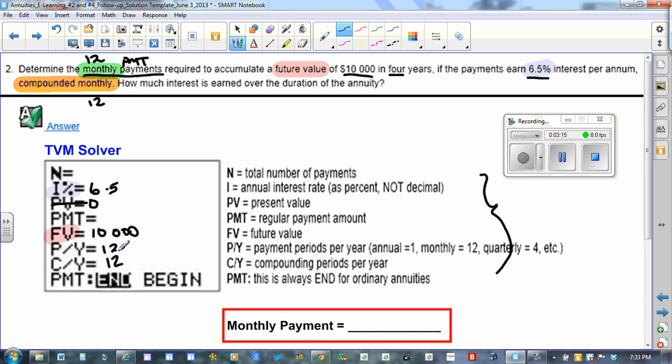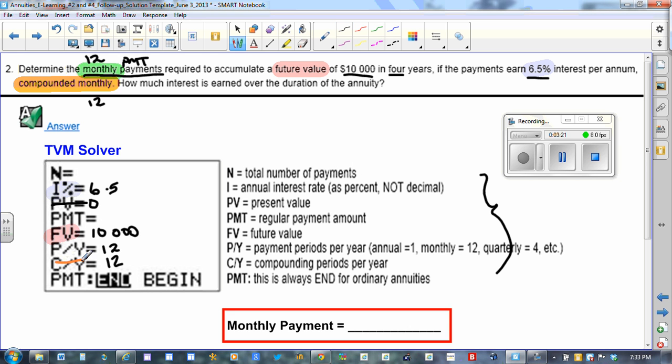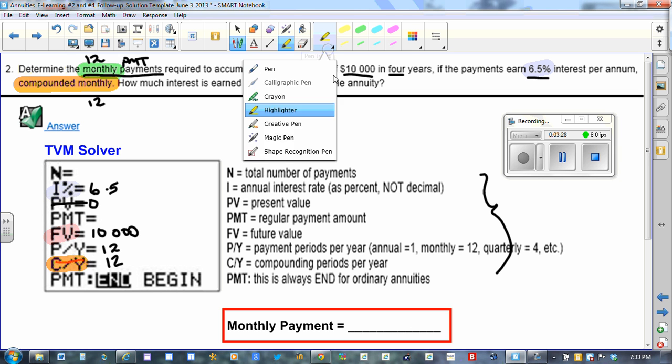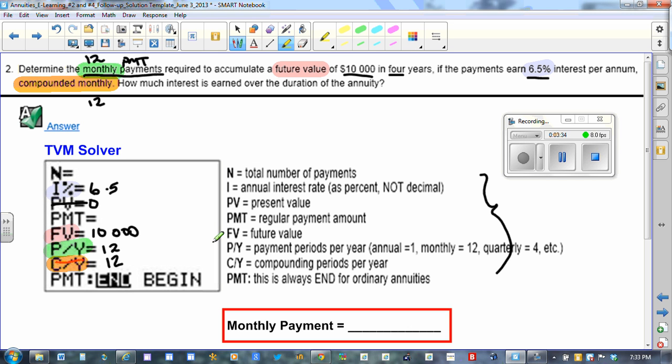You'll generally find in a question two phrases that are going to suggest the compound as well as the payments per year. We'll color code everything so we can see where things are coming from.